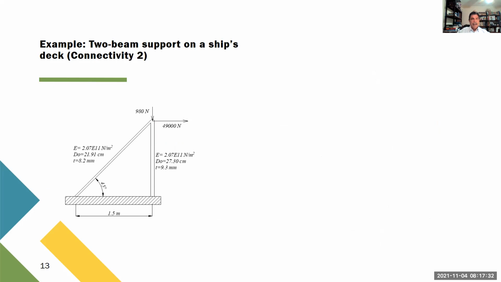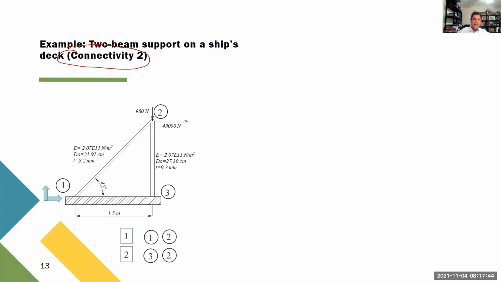No, okay. Now, let's use a different connectivity. See, the way we're going to define the elements is different. So we have the same joints, but now you see that the second element here goes from 3 to 2.